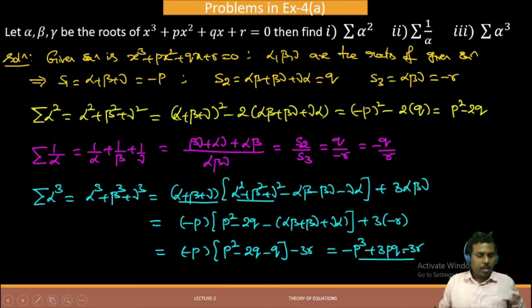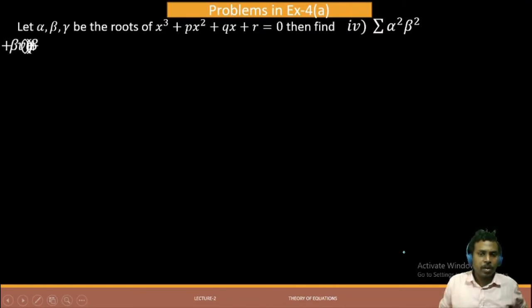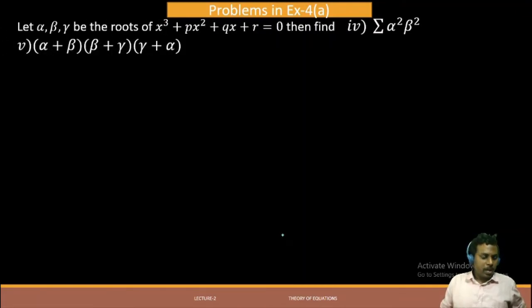Now let us solve some more problems. Here, for the same problem, we are asked to find out summation alpha square beta square. Now let us write down the solution for this.